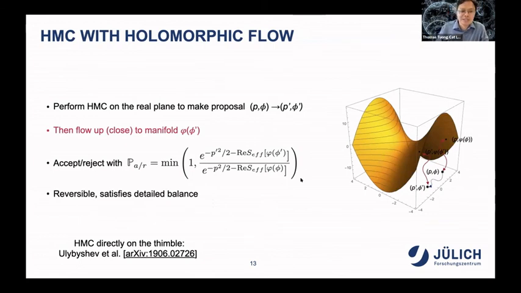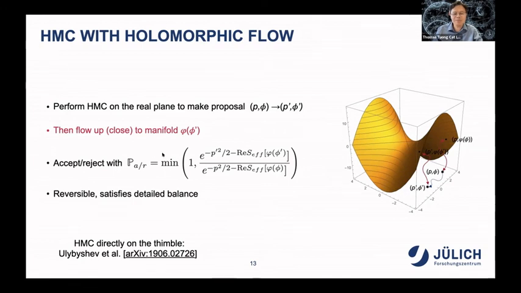The idea is the following: we take some location on the real plane, phi and its conjugate momentum p, and we do HMC on the real plane to make a proposal from phi, p to phi prime, p prime. Once we've made that proposal, we then use the flow equations to flow up close to the manifold to obtain var phi.